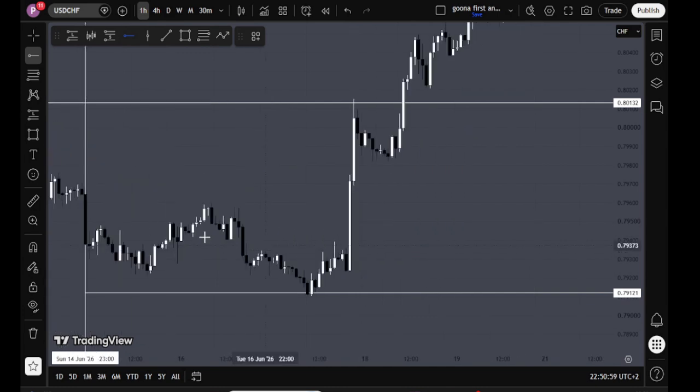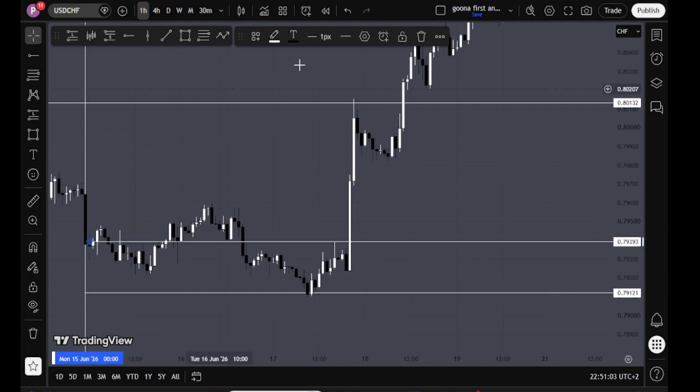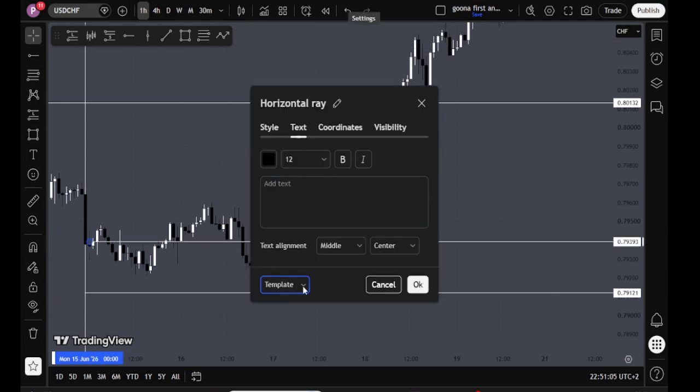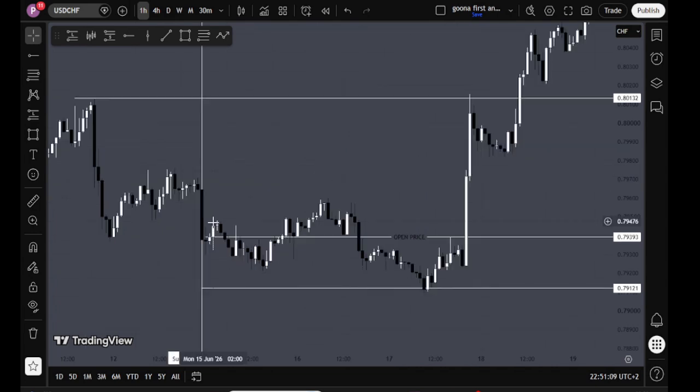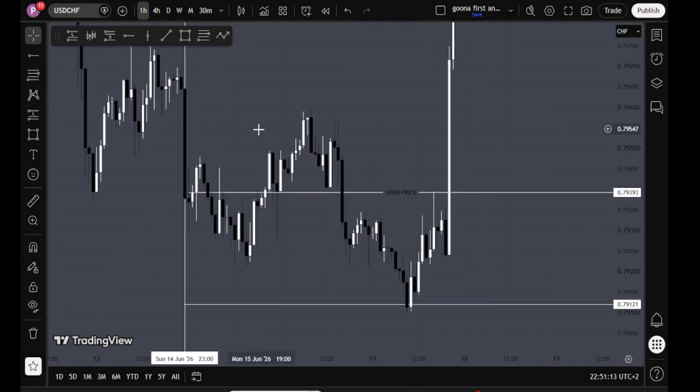So on a midnight here, here's the opening price. So it started pushing down, then on Tuesday pushed up, Wednesday pushed down before pushing up again.